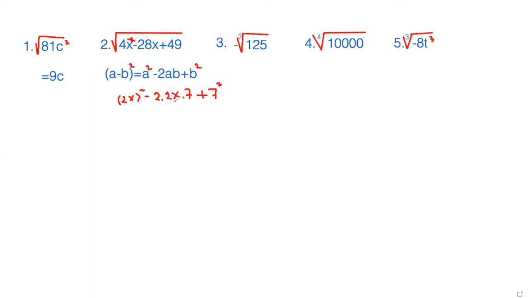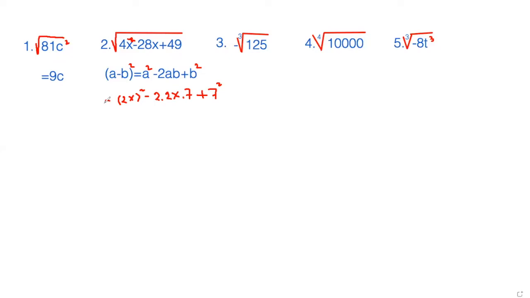So 7 times 2 is 14, 14 times 2 is 28. So we actually got 28x. Basically we are breaking down 28x into something that looks like 2ab, and this is my a square. So 4x square I can write as 2x square.